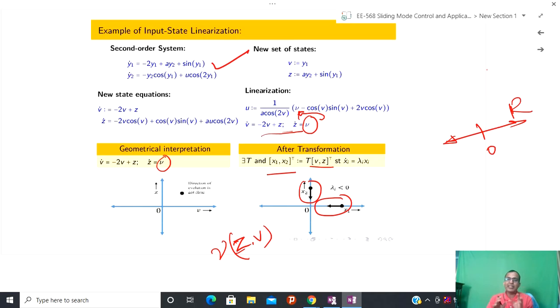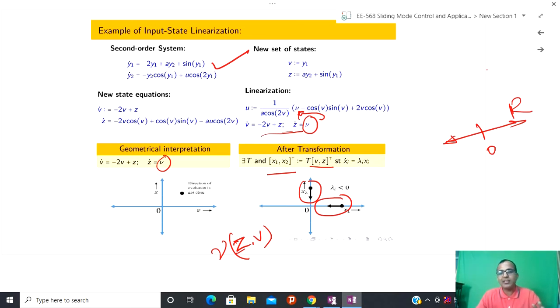I am just going to say that for some class of system, it is possible to show that if I define some new coordinate frame, or in another way, if I see the system in a transformed coordinate way, then that system becomes simpler. And that is just like a linear system, and whatever control I can design for the linear system will work for the nonlinear system.